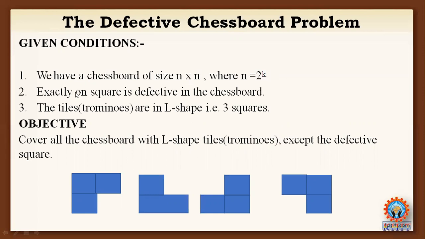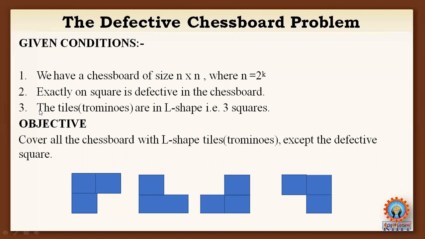Exactly one square is defective in the given chessboard.